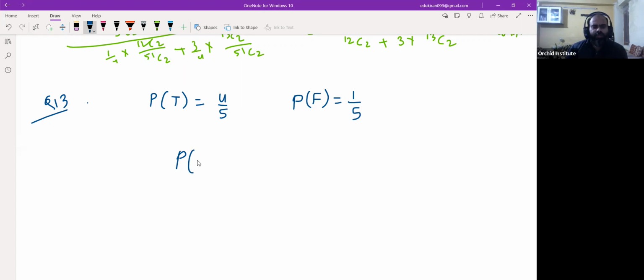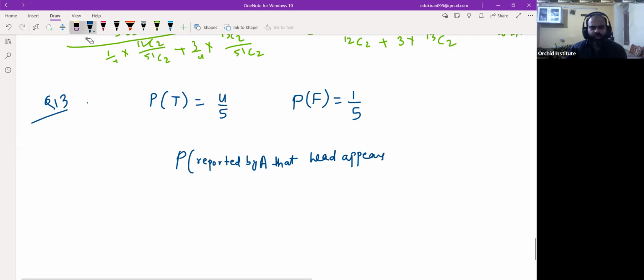But actually it is being reported by A that head appears. It is being reported like this. So let us not write probability here. Reported by A that head appears. The probability that actually there was head.